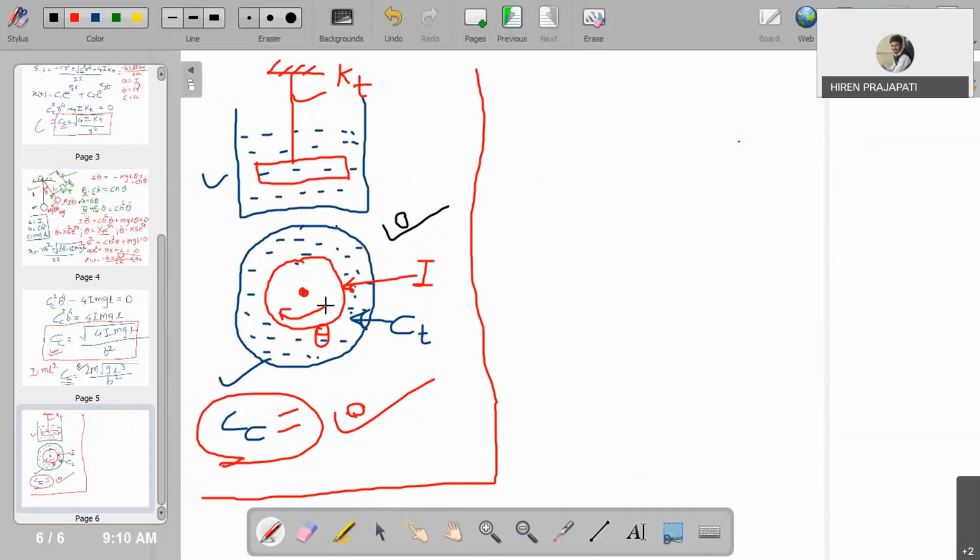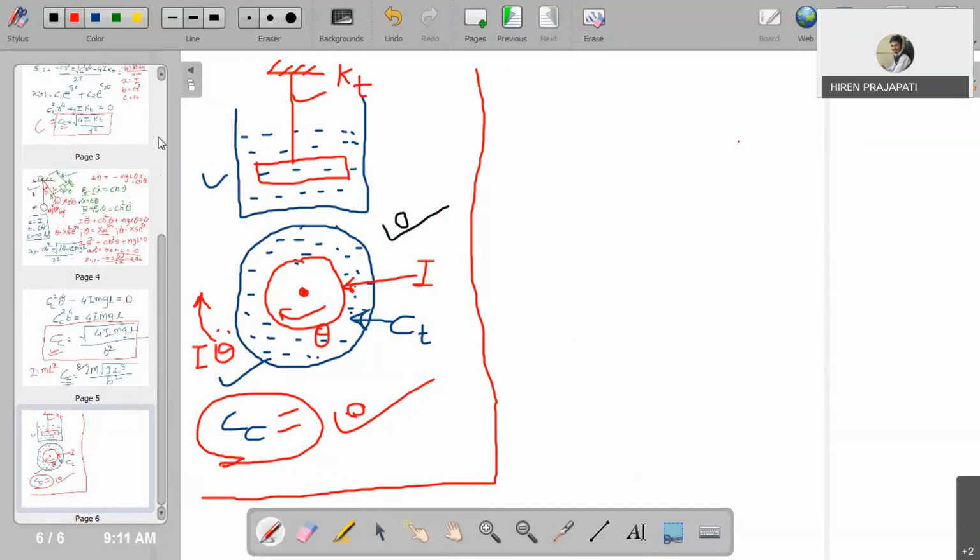Now we are assuming that this rotor is rotating in clockwise direction. So in this clockwise direction, this rotor will have inertial torque, which is I theta double dot. But as I told you, this wire has stiffness kT, so that will not allow this rotor to move in this direction.